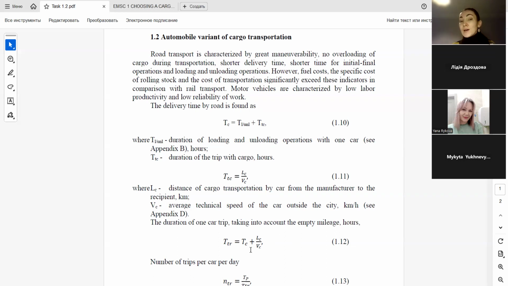So please add the result of our formula 1.10 plus the result of our formula 1.11, and it will be our next result. Okay, I wait for you. The result will be also in hours and leave 2 points after the comma.